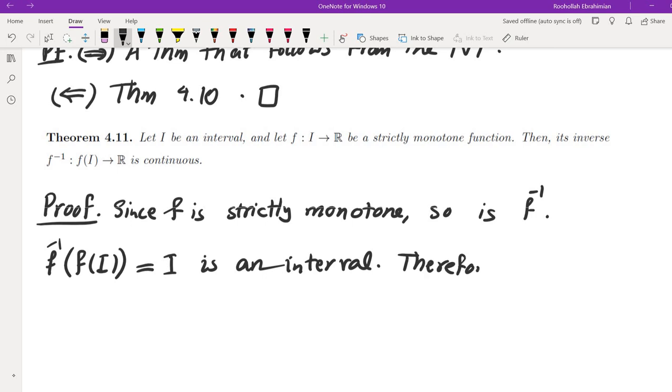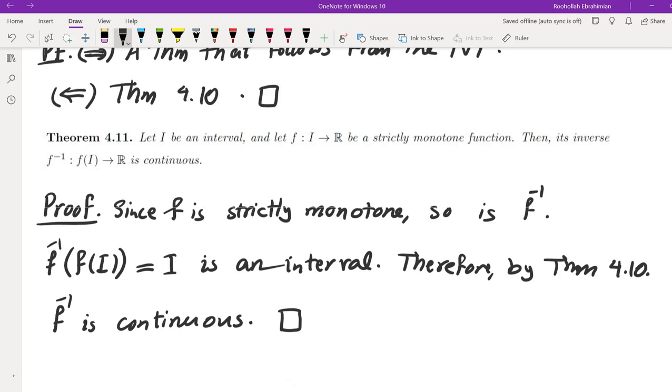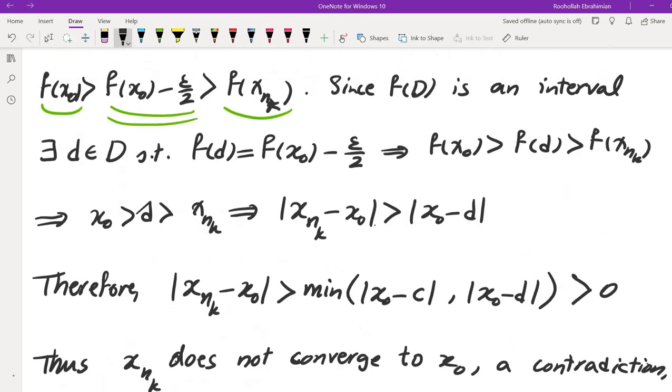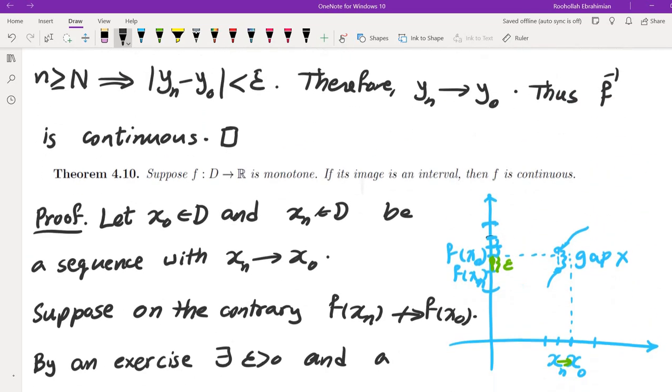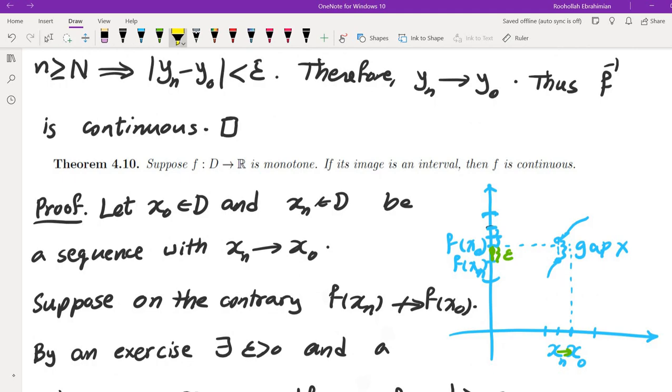Therefore, by theorem 4.10, f inverse is continuous, because theorem 4.10 told us that if you have a function that is monotone and its image is an interval, then it would have to be continuous. So two conditions: it is monotone and the image is an interval.